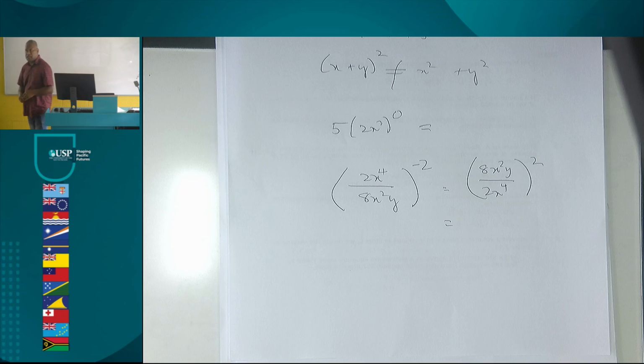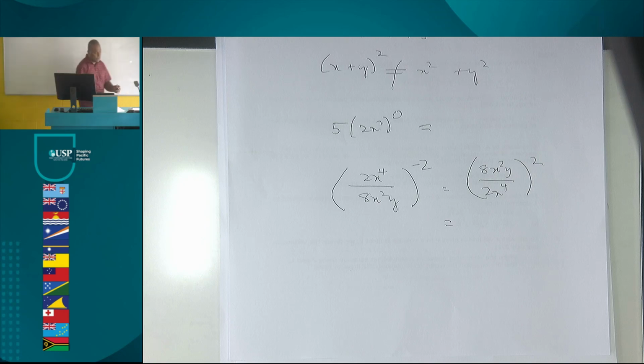Now, law number 4 says I can raise each one of them to the power 2, but there's a better option for us. Can we simplify what's inside the bracket first? Yeah, we can make some cancellation.